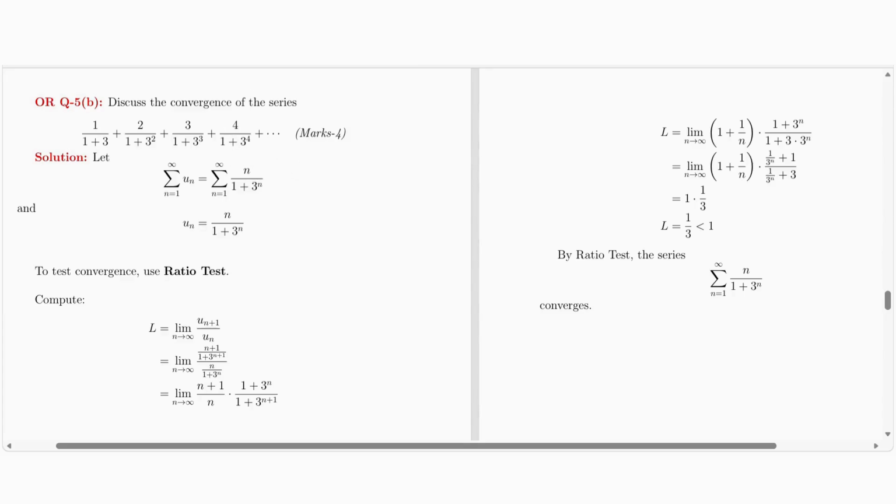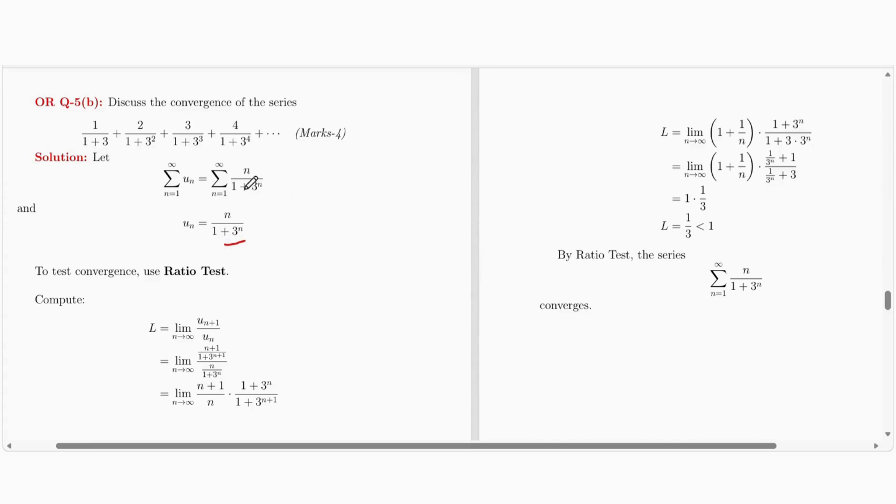Now observe the denominator: 1 plus 3, 1 plus 3 squared, 1 plus 3 cubed, 1 plus 3 raised to 4 and so on. Here 1 is fixed, and it is 1 plus 3 raised to the power n. So the nth term un is equal to n upon 1 plus 3 raised to n.